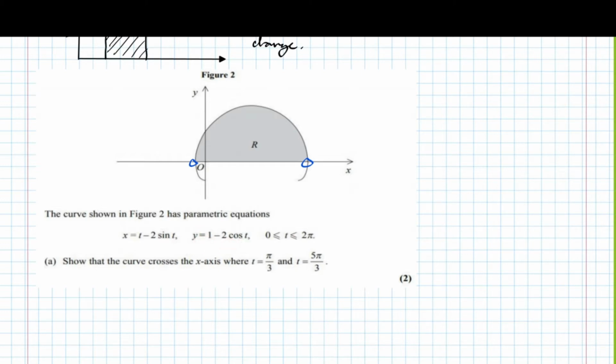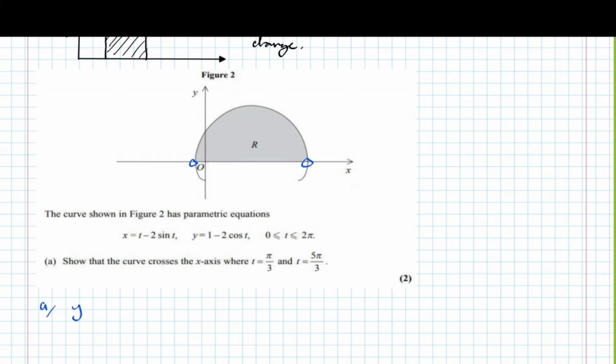So take a moment, find the values of t for which y equals 0, and I'll give you a clue. There they are there. You've just got to get on paper the process of actually doing that. So my answer to part A I'll do here.